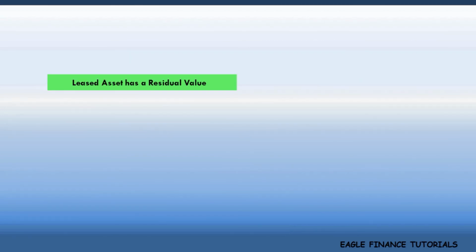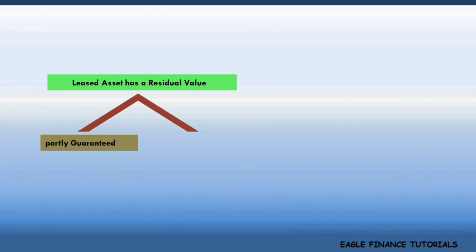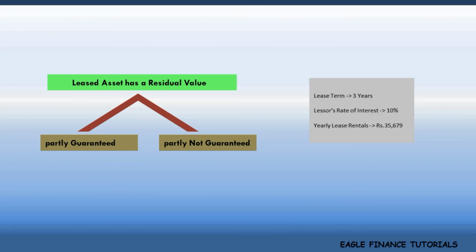Let's consider a situation where the leased asset has a residual value that is partly guaranteed and partly unguaranteed. Other terms are same. Consider this block as representing the value of the leased asset.